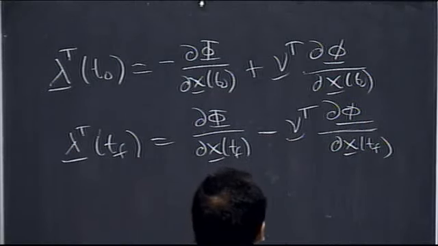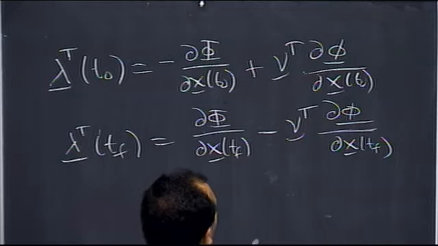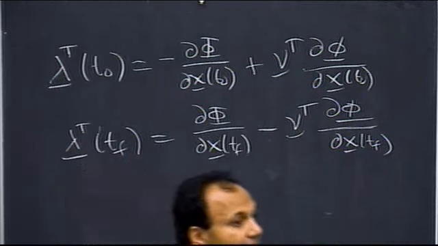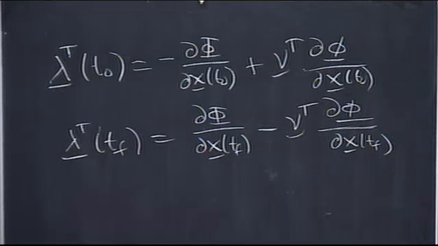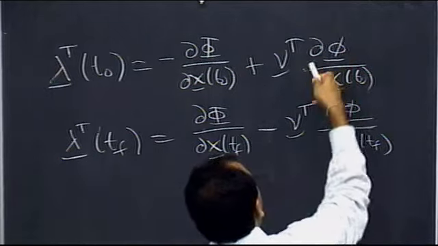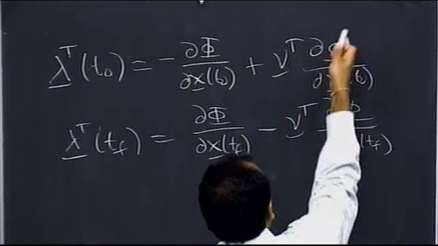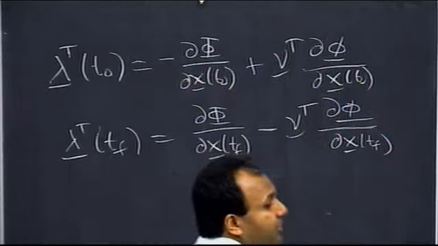So remember I said that either these are true or the variation in x at that initial or final time is true, right? What you see here is if it turned out that the initial state were, say, fixed, then your boundary condition would reflect the fact that the initial state would be fixed.